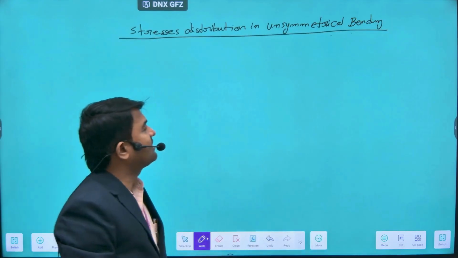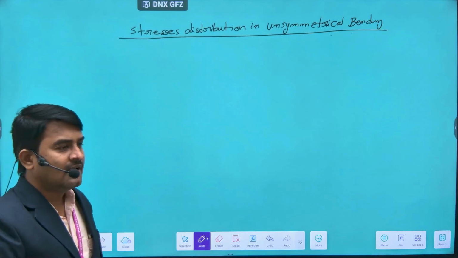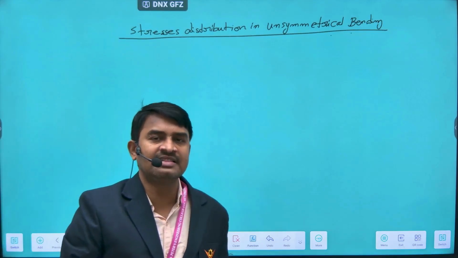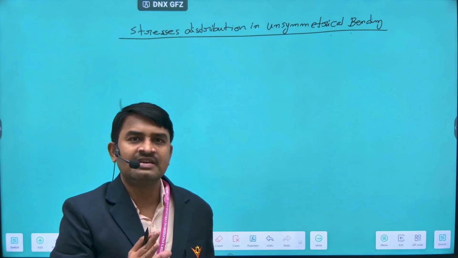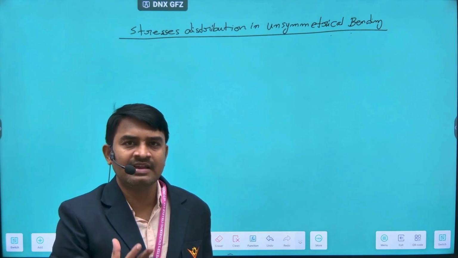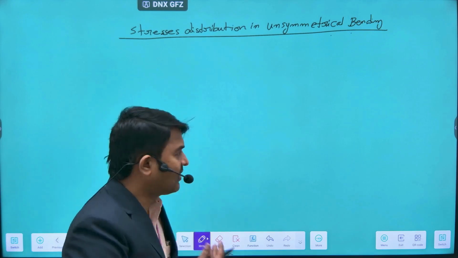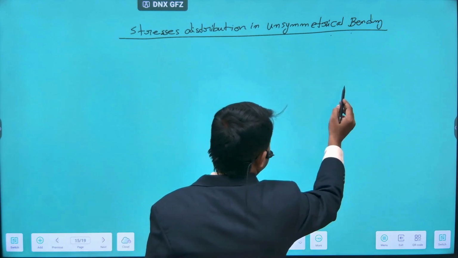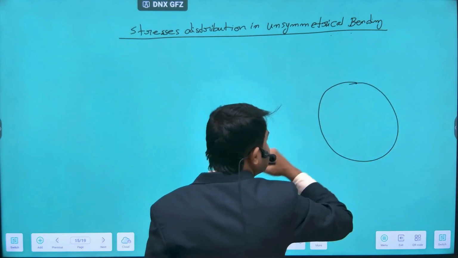To understand unsymmetrical bending due to stresses, initially we have to take a section with a different shape, that is, a shape without any perfect section. For easy understanding, here I am drawing one circle. We have to consider this as one body.